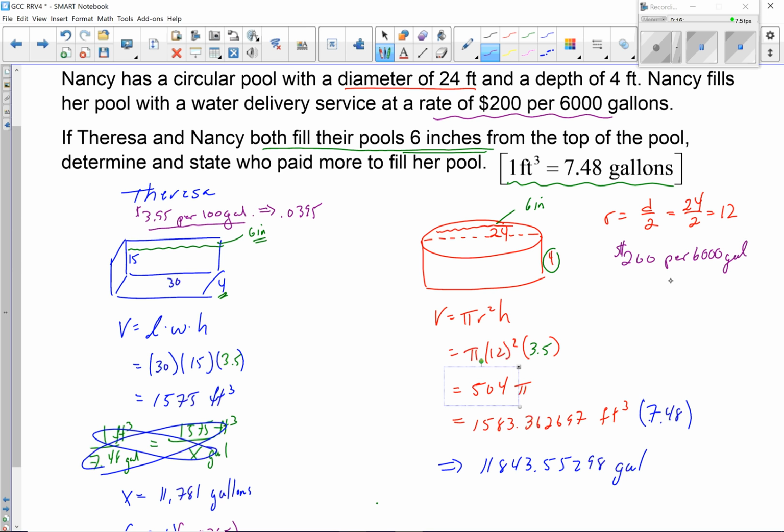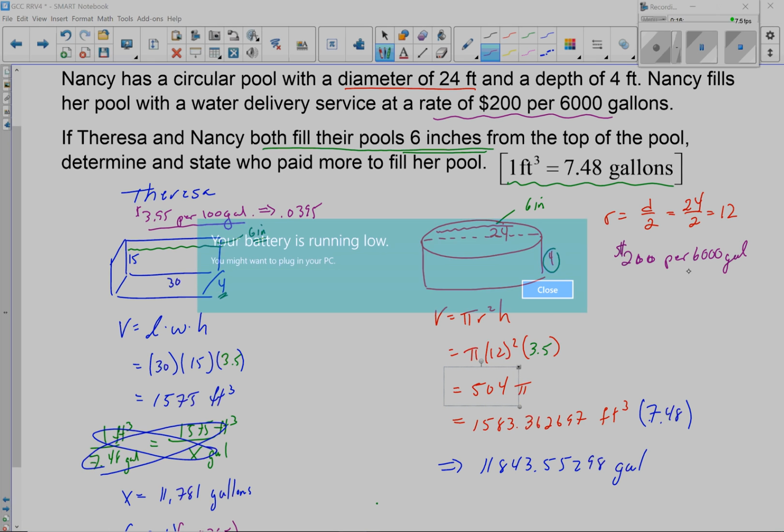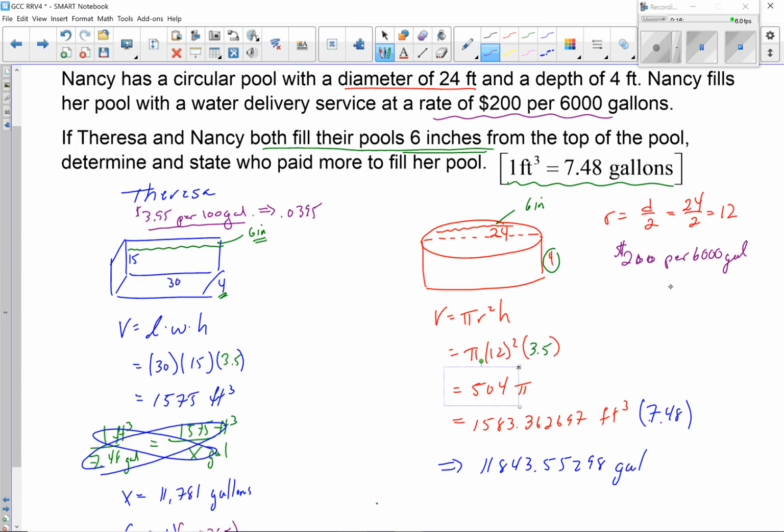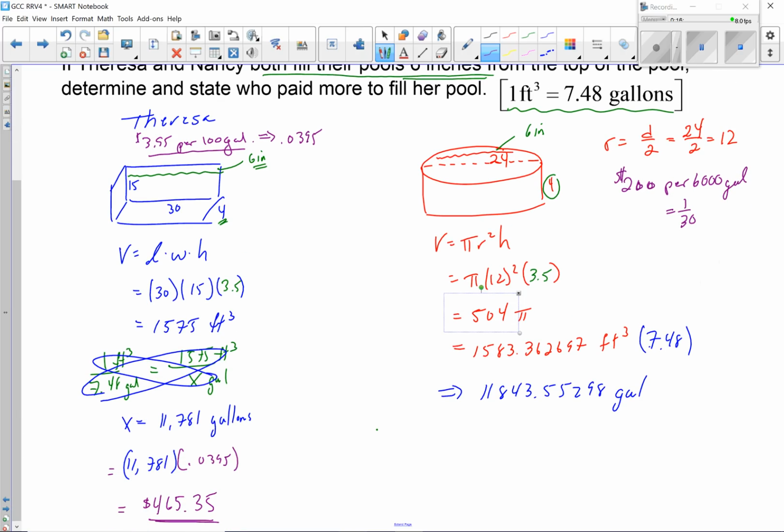So if I take that 200 and divide it by 6,000, that's going to get me a value of 1/30th or 0.03 repeating, right? I'm going to leave it as a fraction because it's easier to work with. So if I take my 11,843.55298 and multiply that by our rate that we just said, in this case, 1/30.